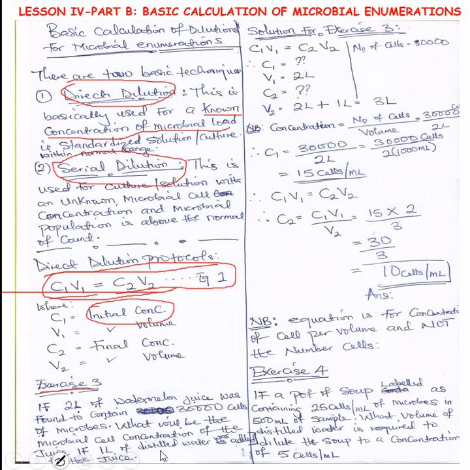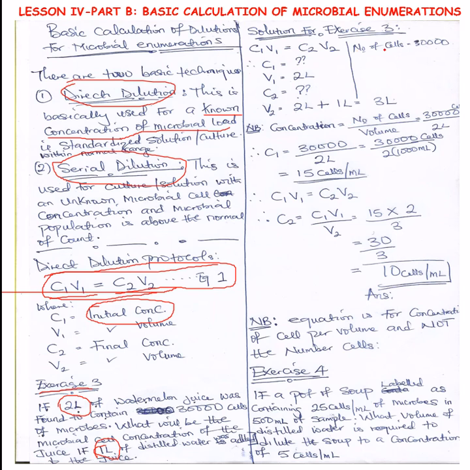C2 was not given in the question, while V2 was indirectly given, so you use your logic to extract it. The initial volume was 2 liters and you added 1 liter to dilute it, so the final volume is 2 liters plus 1 liter of distilled water, which is 3 liters.